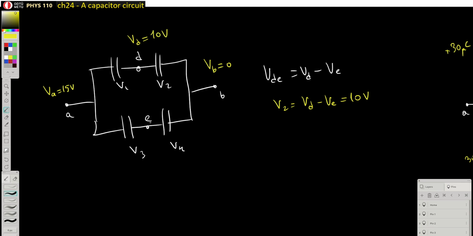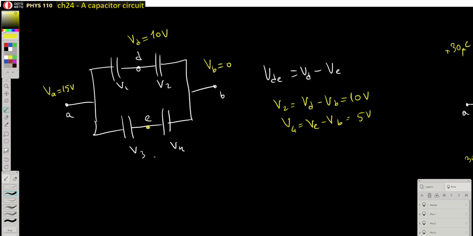I can do the same thing for the point E. This V4 value is equal to VE minus VB, sorry, this was point B. V4 is the potential difference between these 2 points, so this is VE minus VB. We have just computed this as 5 volts.